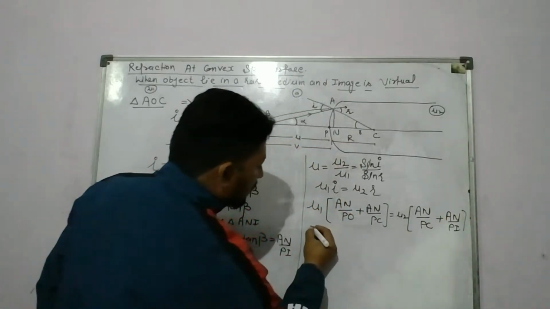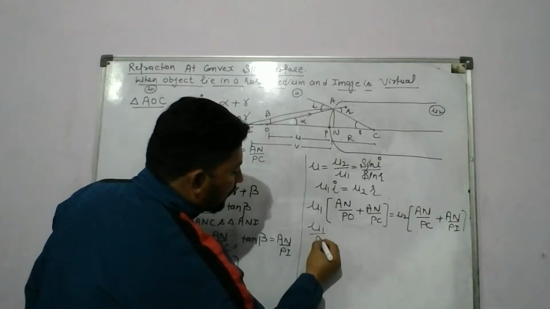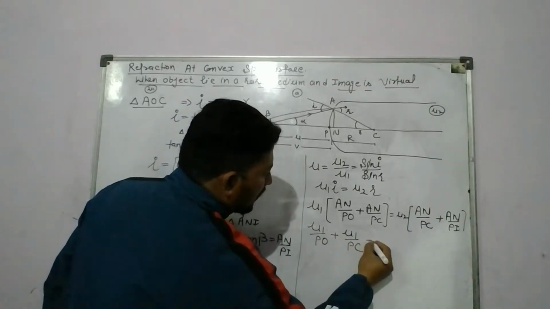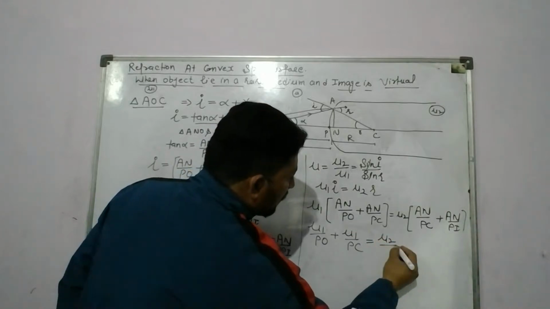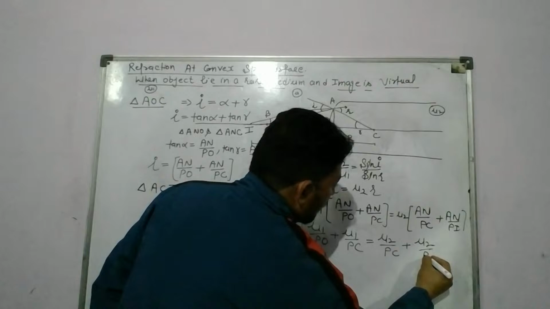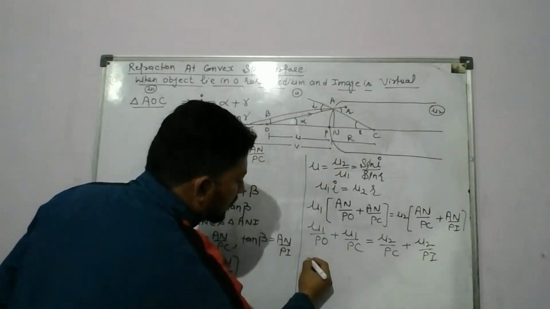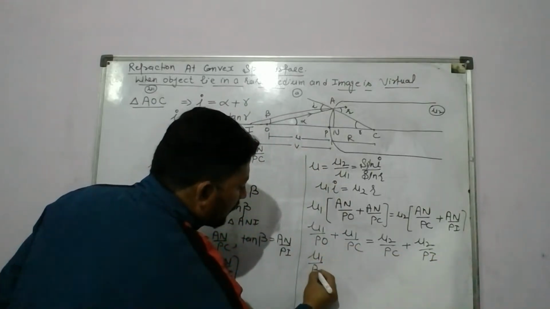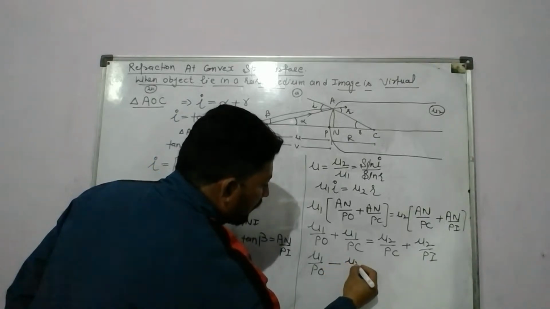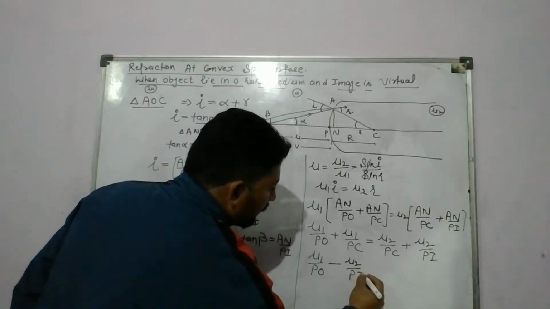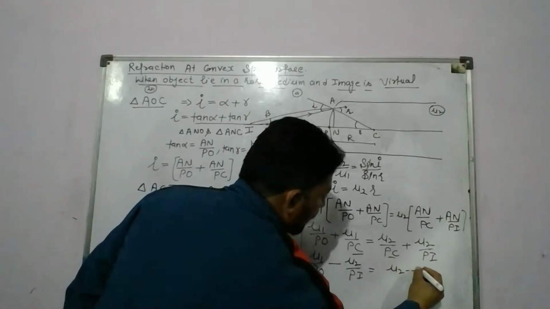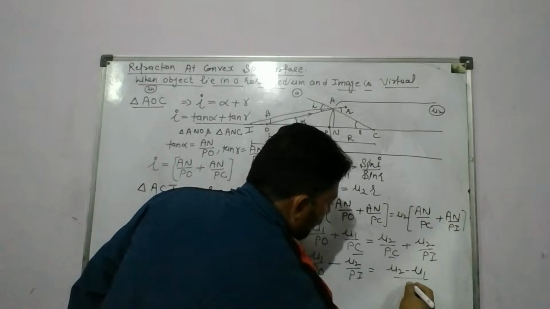So mu1 upon PO plus mu1 upon PC is equal to mu2 by PC plus mu2 by PI. Now rearrange this. Mu1 upon PO, this is positive, minus mu2 upon PI is equal to, again same, mu2 minus mu1 upon PC.